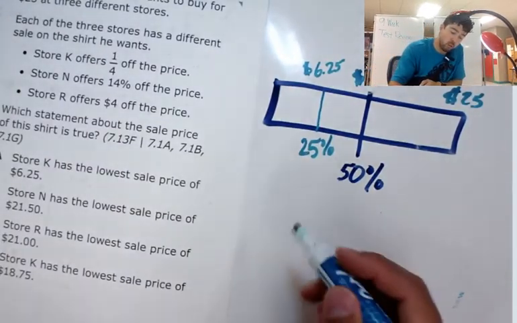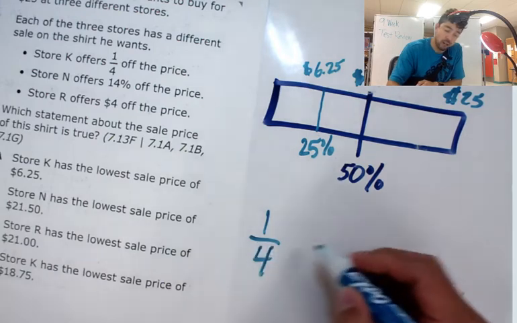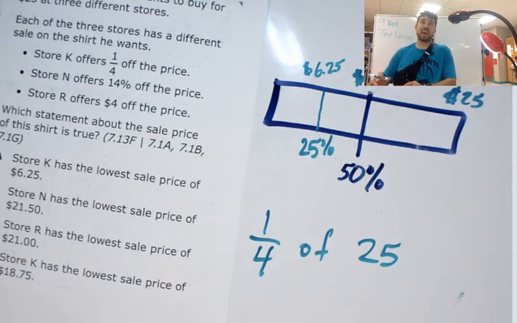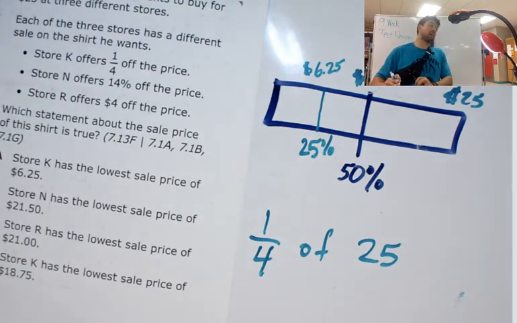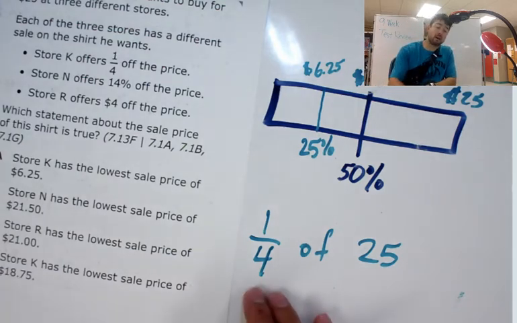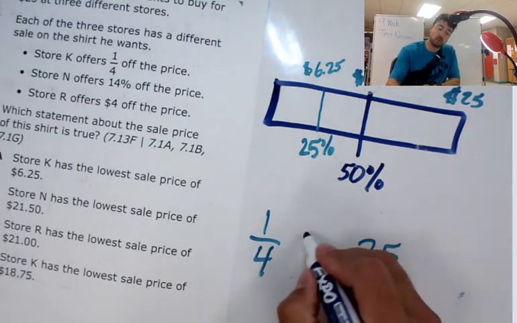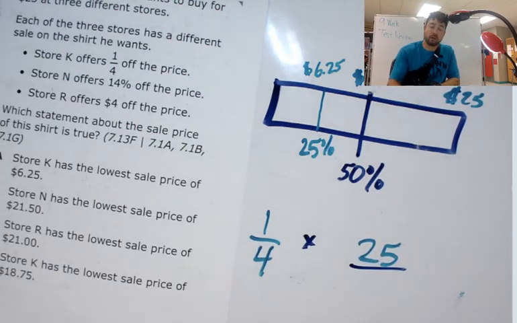So the way that we figure 1/4 of 25, this is the same thing as tax, the same thing as discounts, sales, everything that we've worked on the past couple days, tip. When we're finding a part of a number, the word of tells us we're going to do what? Multiply. So this means 1/4 times 25. In order to multiply a fraction by a whole number, we have to put a 1 underneath the other number to make it a fraction.